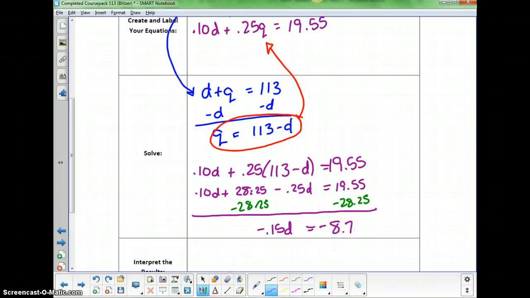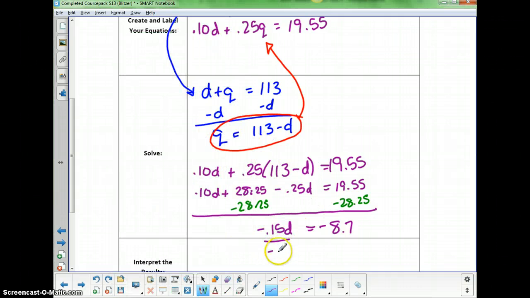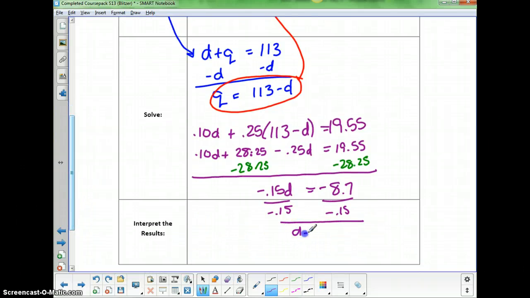And lastly, to finish that division, we're going to divide by negative 0.15. So if I divide by negative 0.15 on both sides, I get d equals 58.